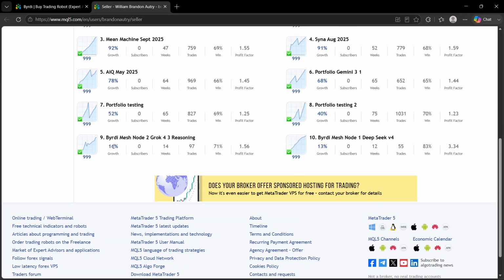I can see 16% growth and 13% growth over 12 weeks, 55 trades, 83% win rate, 3.34 profit factor. For Node 2, we have 16% over 14 weeks, taking more trades, 97, with fewer wins at 71%, and a 1.56 profit factor. However, its growth is higher than Node 1.